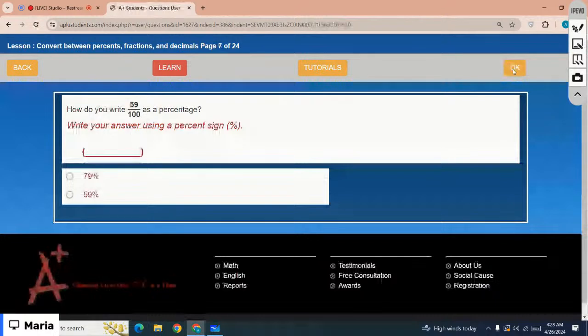How do you write 59 over 100 as a percentage? That is 59%. Option number 2 is the correct option.